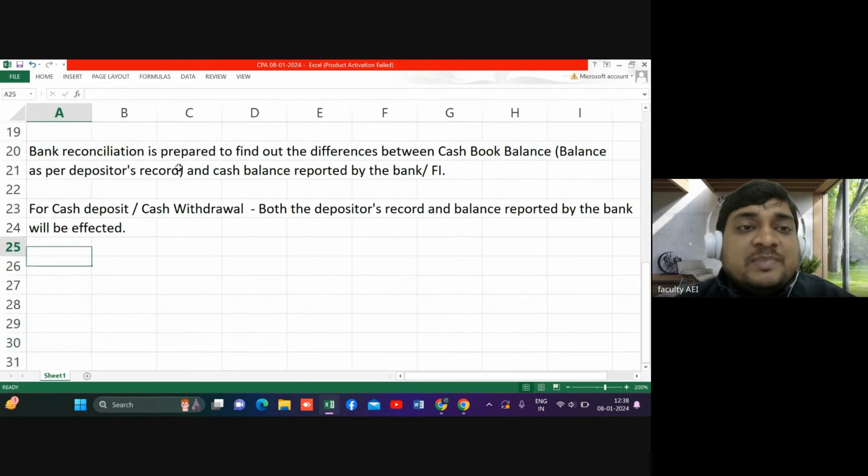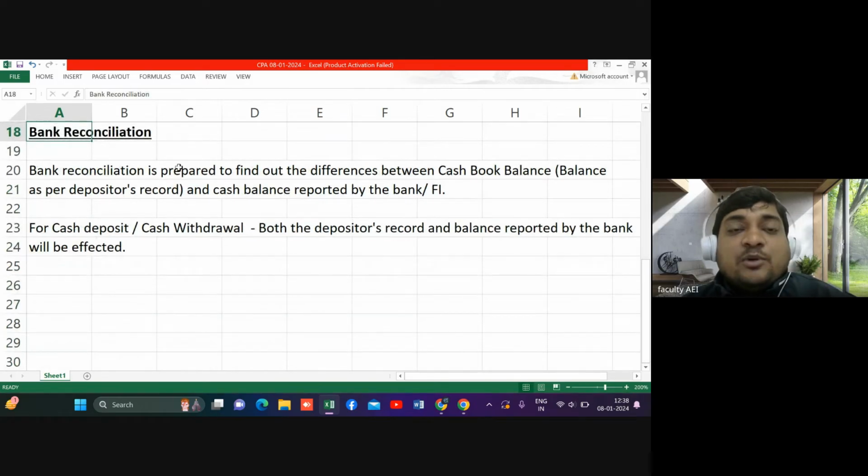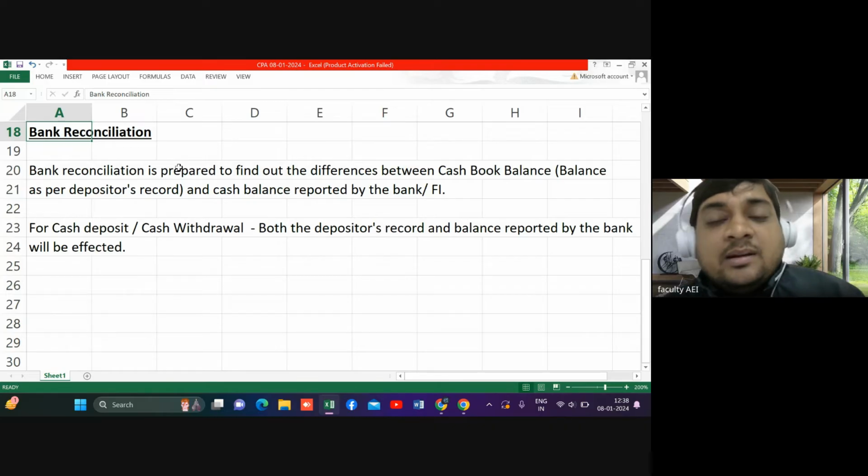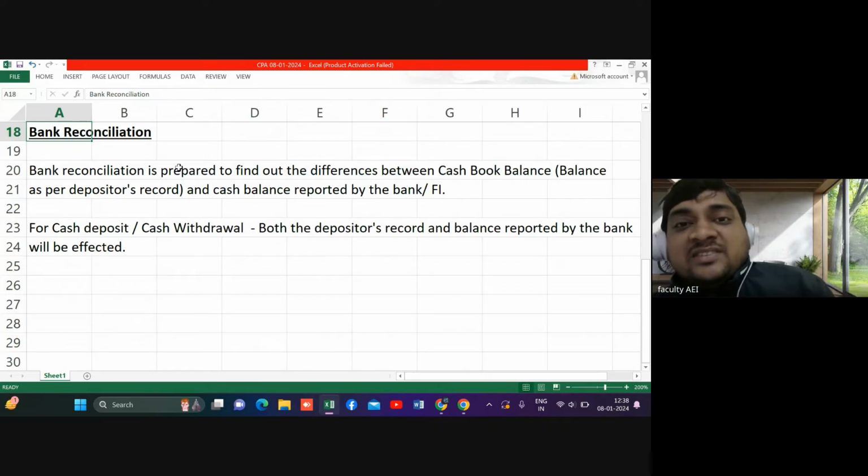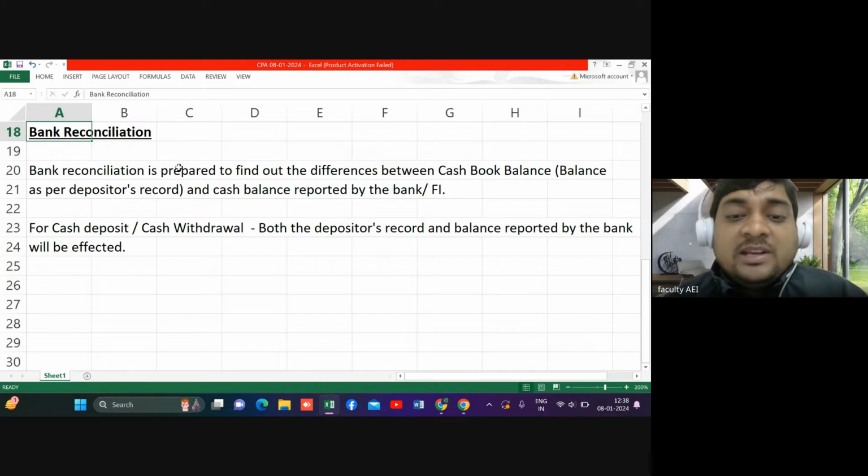If it is with respect to currency, currency deposit and withdrawal, the day I deposit, I will increase my cash balance with the bank, and the same day they have received it, so accordingly they will also increase the cash deposit held, right?